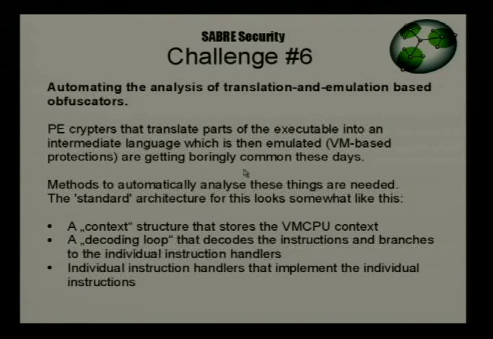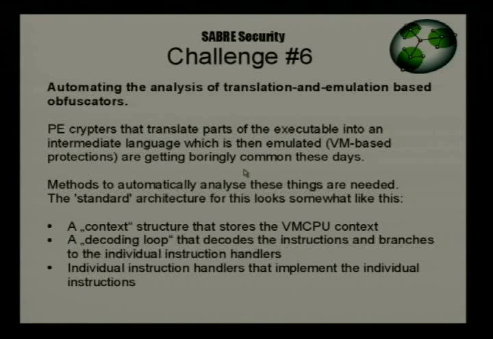So a good research topic would be try to build a framework which allows the rapid analysis of VM-based obfuscations. And usually all these VM-based obfuscations operate in the same manner. You have a context structure which describes the inner state of the virtual machine, and you have a decoding loop that fetches the next instruction, and that then branches off to the individual instruction handlers.